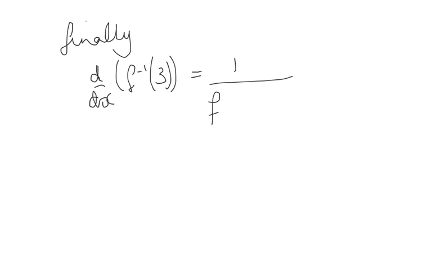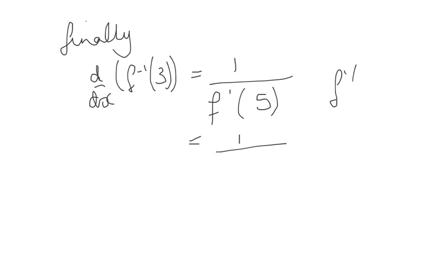Finally, our formula shows us that we must put 1 over f dashed of 5. So that means 1 over the value of f dashed of 5, which we got from the previous slide.